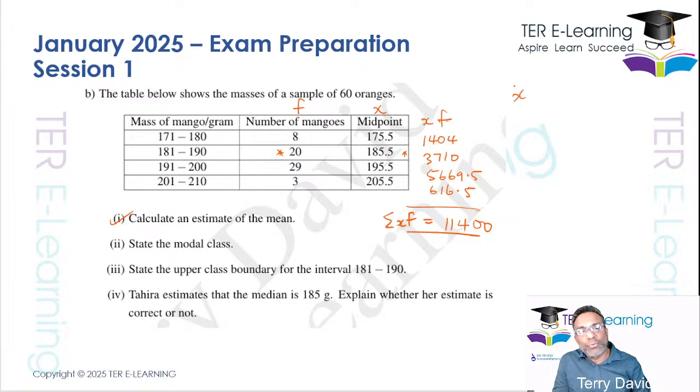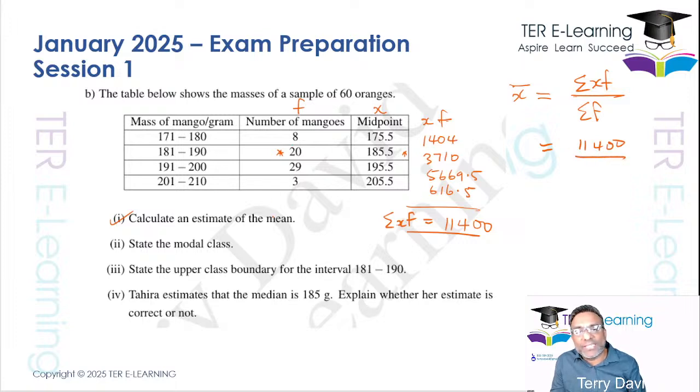For those of you who have seen this formula, the mean is given by x bar, and x bar is equal to sigma xf all over sigma f. Sigma in maths means to add up. So sigma xf, we just worked that out. We got 11,400, and you're going to divide that by sigma f.